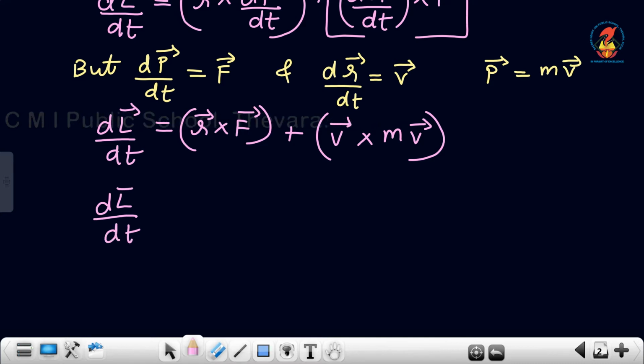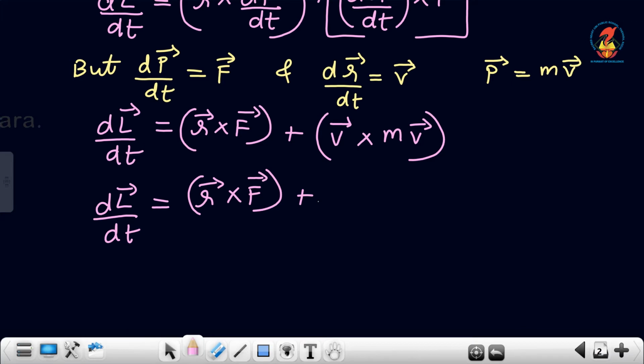So dL by dt is equal to r cross F plus m into v cross v.